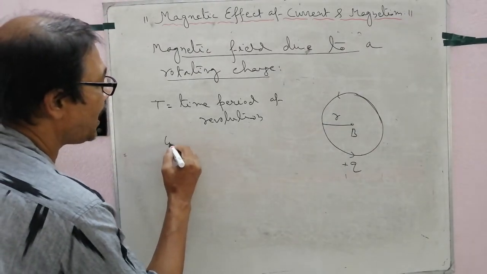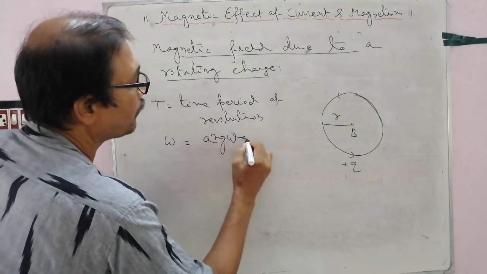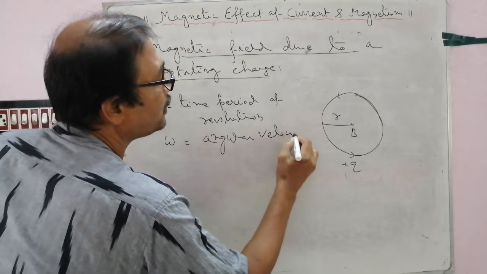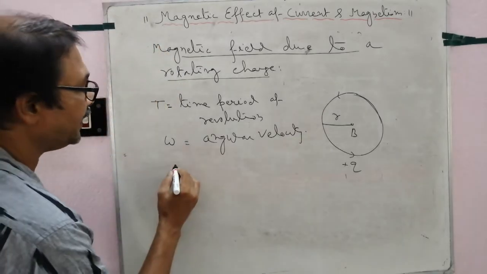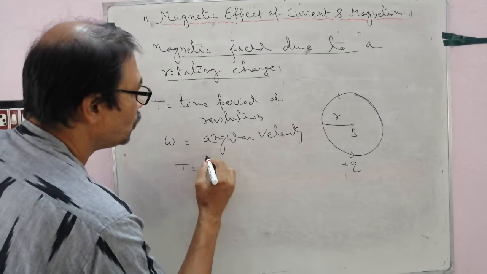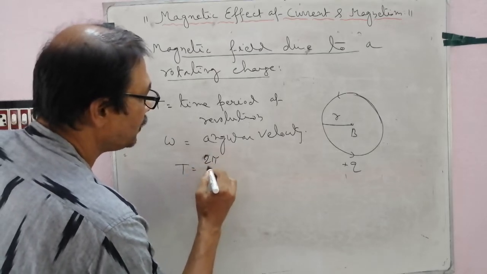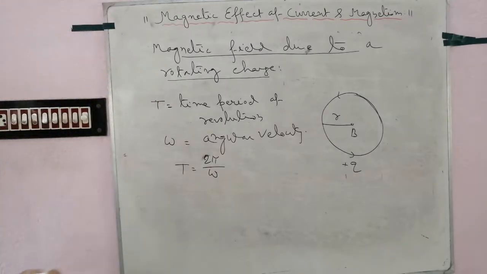So if omega is the angular velocity of the charge, then T equals 2 pi by omega. Omega equals 2 pi by T.